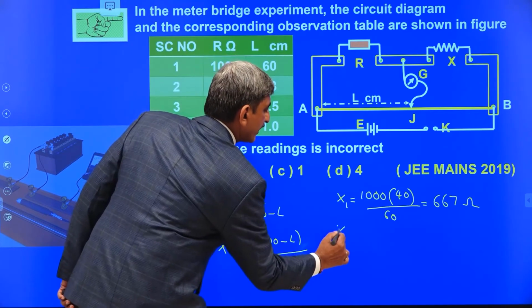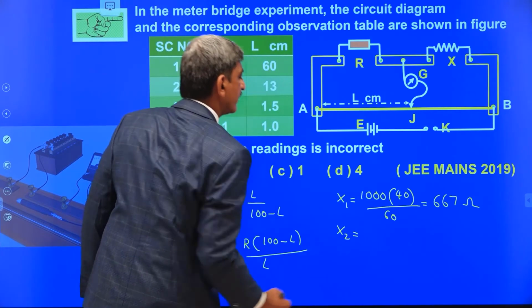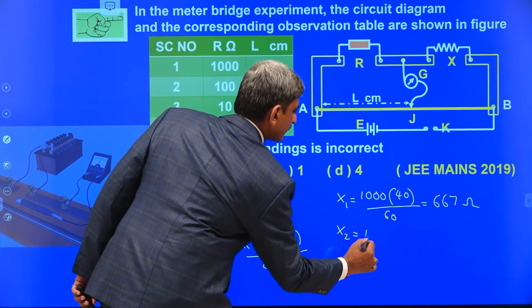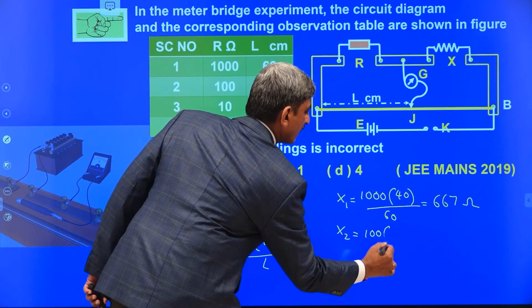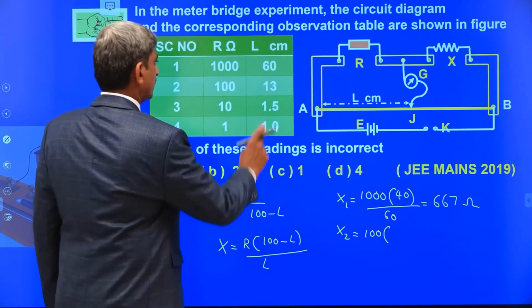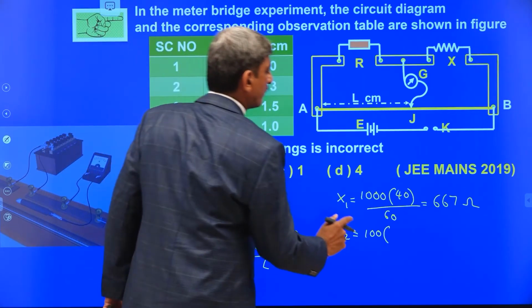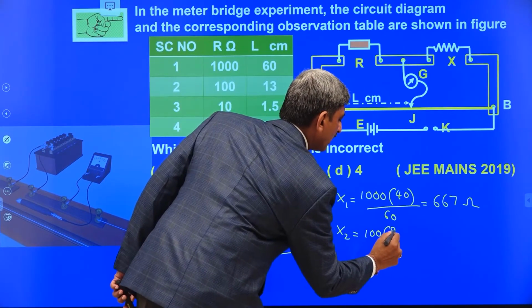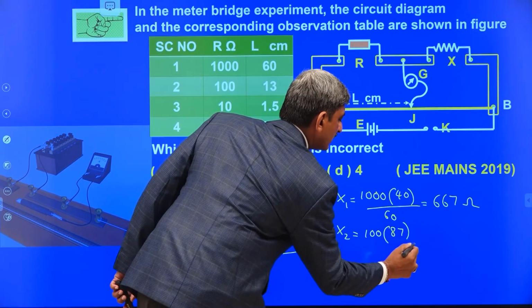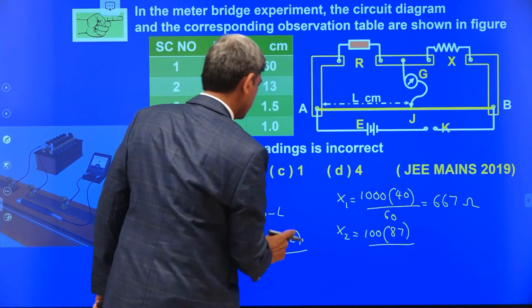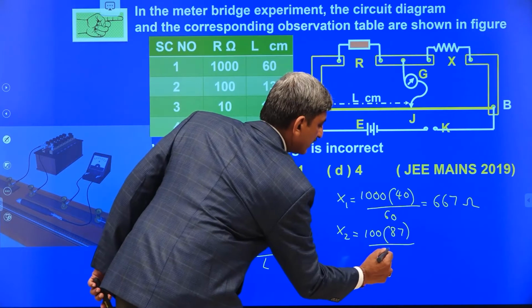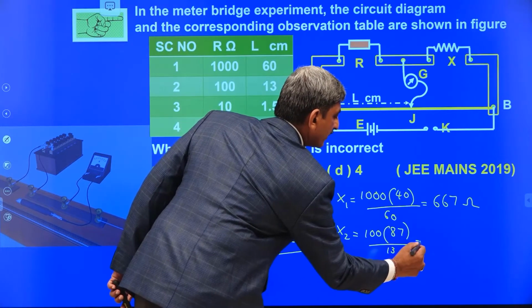Similarly, if you determine X2 value for the second set of the readings, it becomes 100 into the length is 13 centimeters, so that the balancing length is equal to 87. 100 minus 13 is equal to 87 divided by 13.